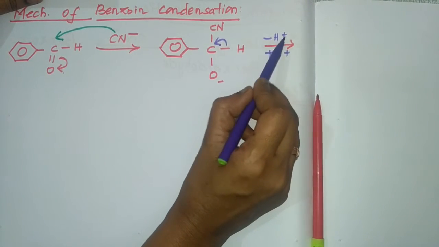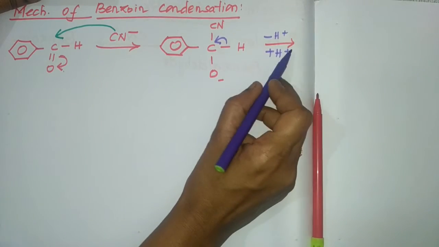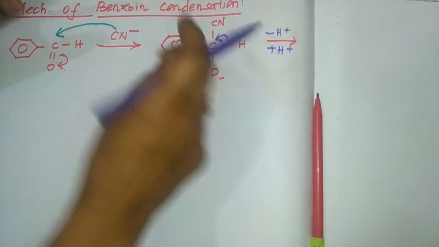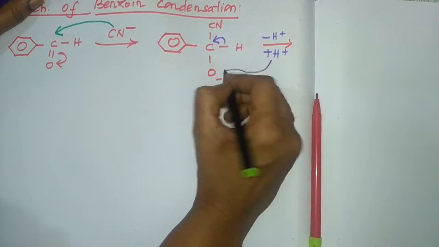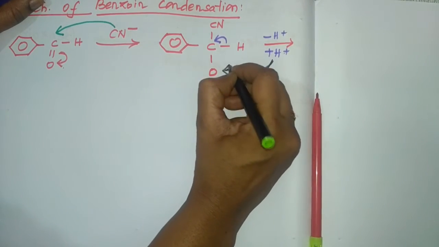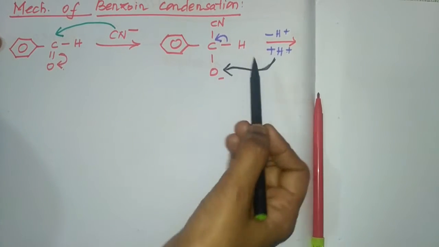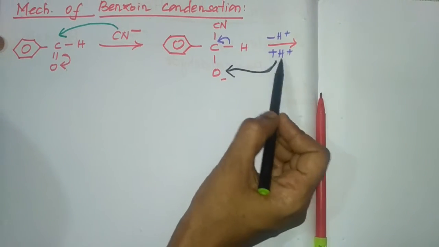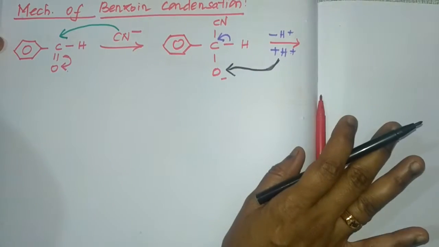So that is what I had shown here. And addition of H plus: if you are adding H plus here, it will combine with this O minus. Have you understood this step? So in the second step, addition of H plus and removal of H plus takes place simultaneously.